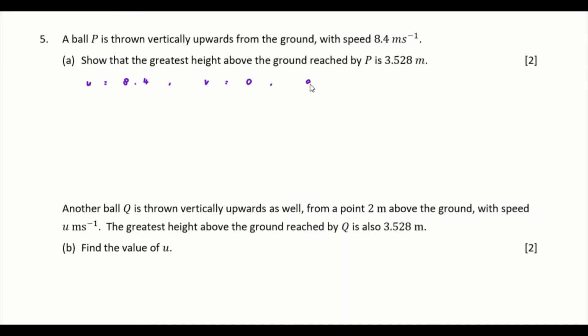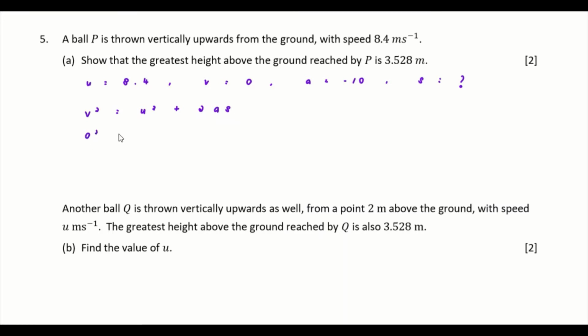So the acceleration is in the opposite direction under free fall, right? So it's the negative of your gravitational acceleration, which is negative 10. Okay, so we need to show the greatest height, which is the displacement. So with UVAS, we can always use v squared equals u squared plus 2as. So just substitute all the values that we have.